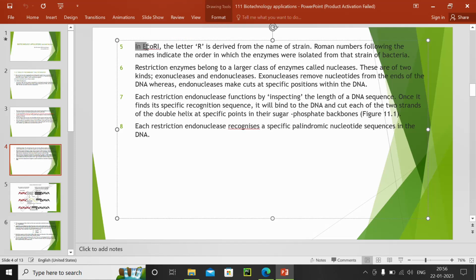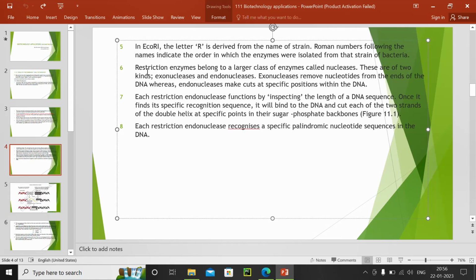E comes from its genus, Co comes from its species, R comes from the strain, and I comes from its order. Okay, so all this comes from EcoRI, that is Escherichia coli RY13.